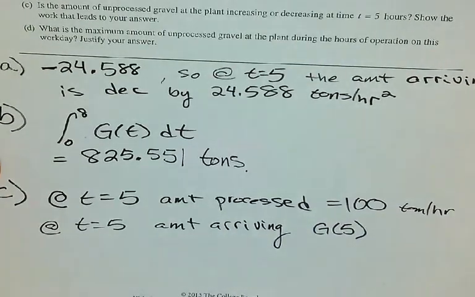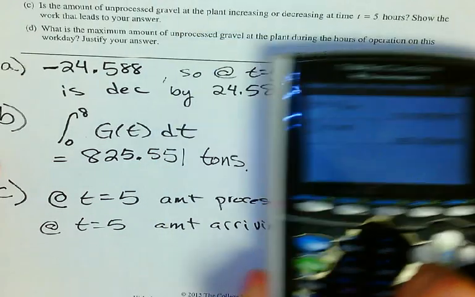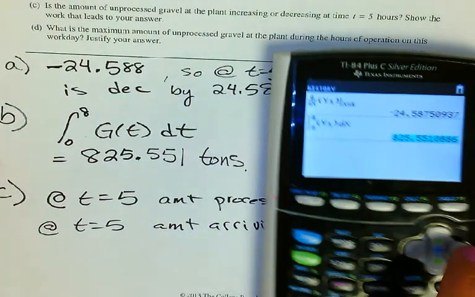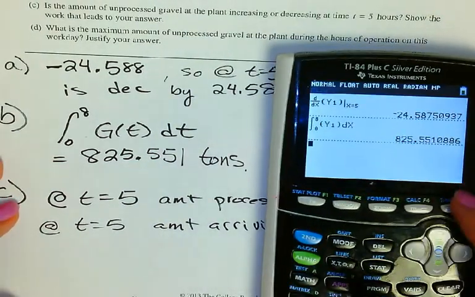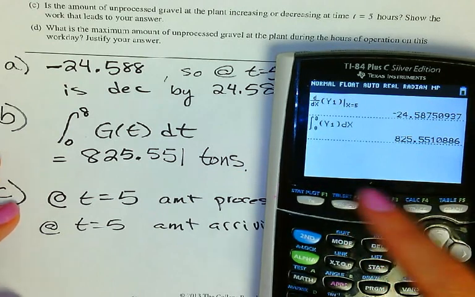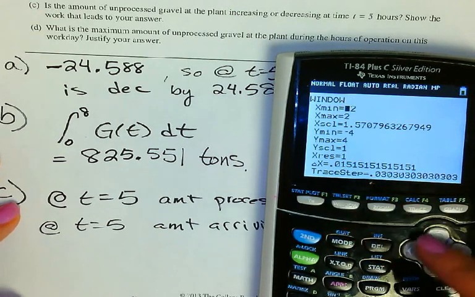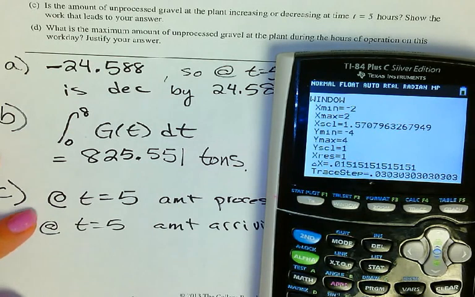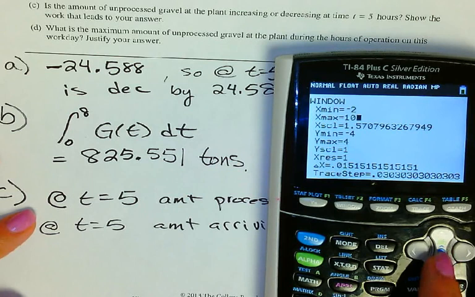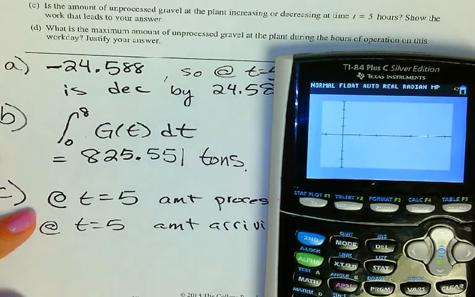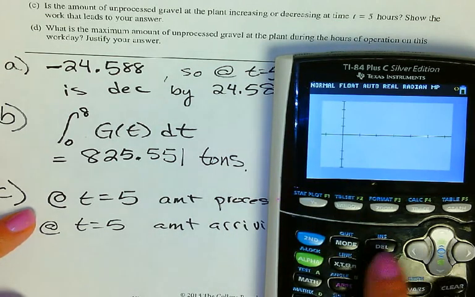So again, you could do this on your calculator. The thing you might need to do is adjust your window. So I'm back here. If I graph this, it's probably going to look pretty terrible, so I might adjust my window. My X max, I would go to 10 maybe, because it says from 0 to 8. And then if I graph that, a zoom fit might not be a bad option here if you're not seeing the graph, because my Y values here are pretty low.